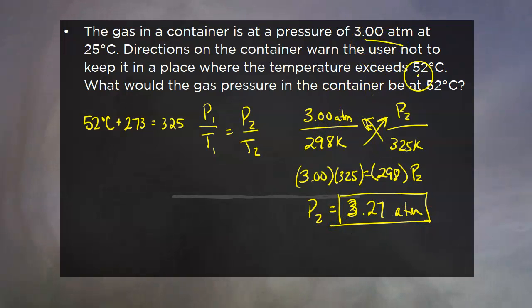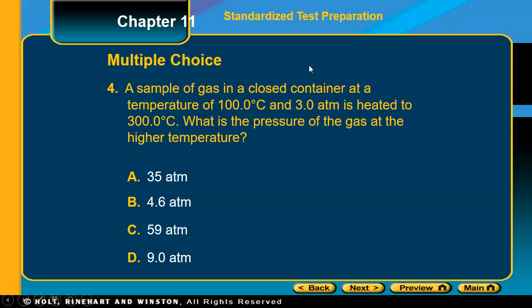It should make sense because my temperature went up. So again, if you want to try one on your own to see if you get an answer, go for it. You can pause the video if you'd like to.